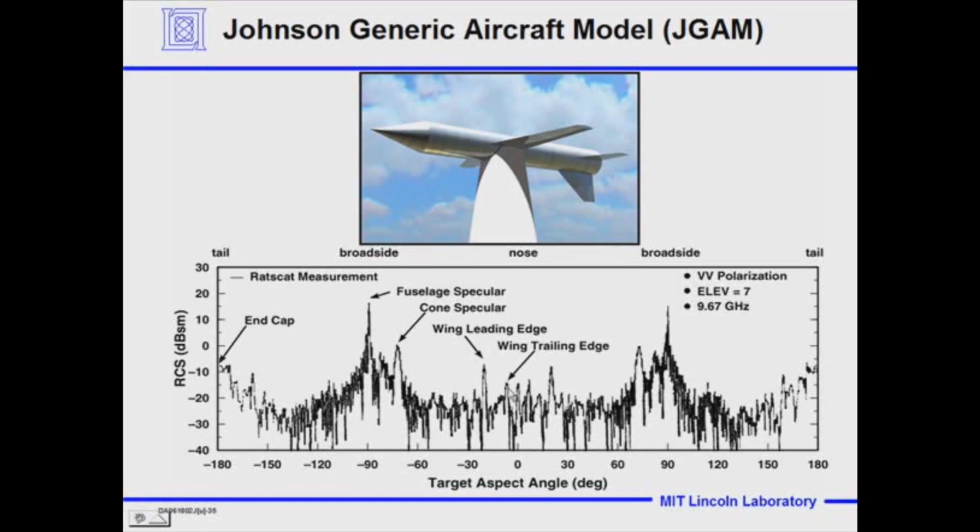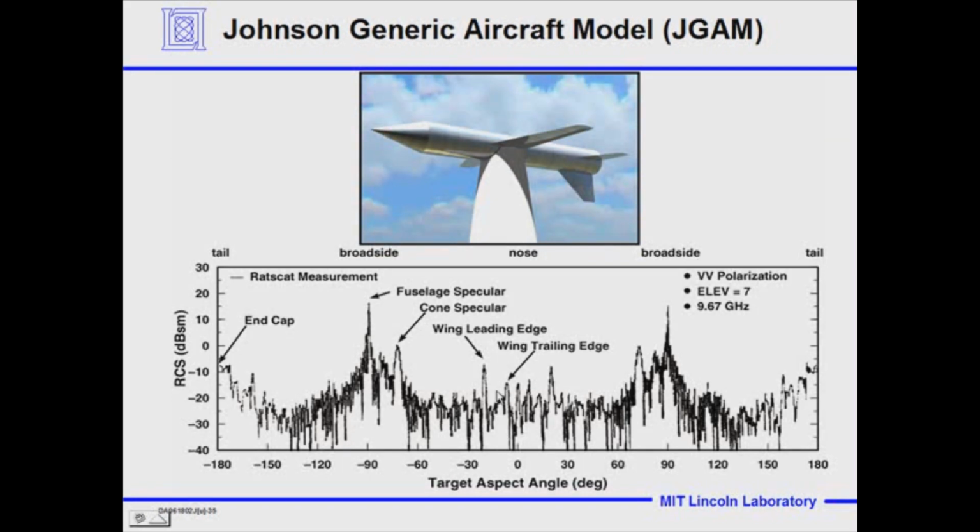So as we move off 0 degrees, the first angle that hits us is the trailing edge of the wing, believe it or not. Right in there is 0, and the first bump we see is the wing trailing edge.